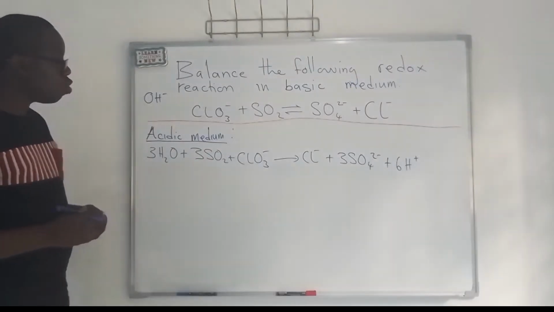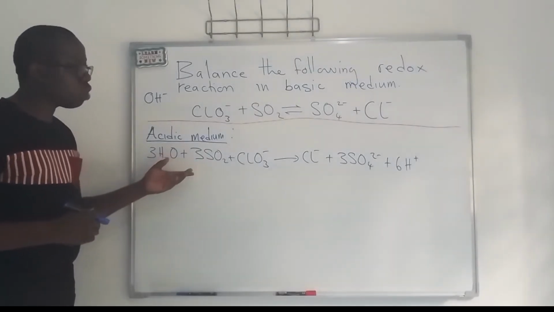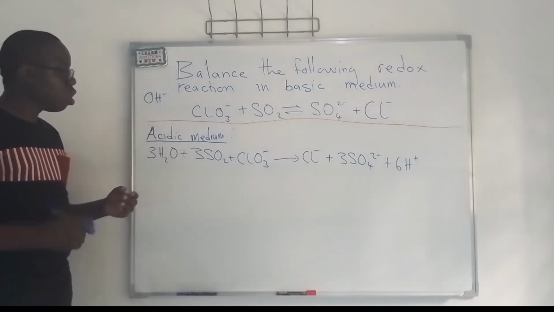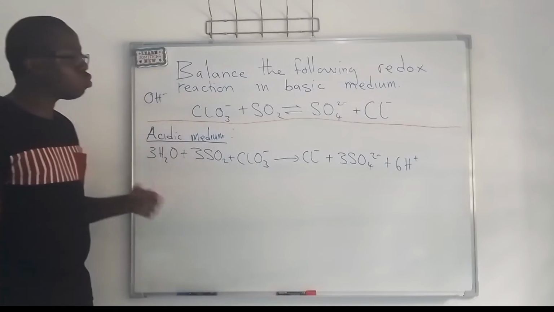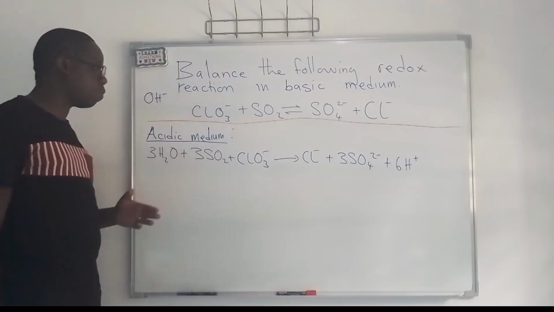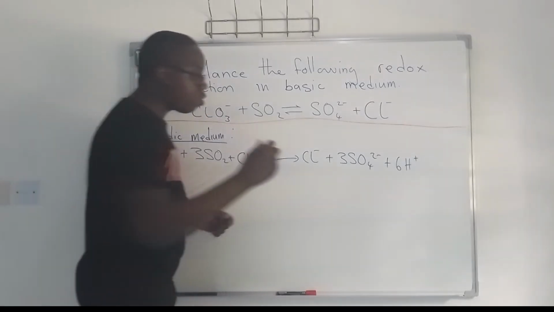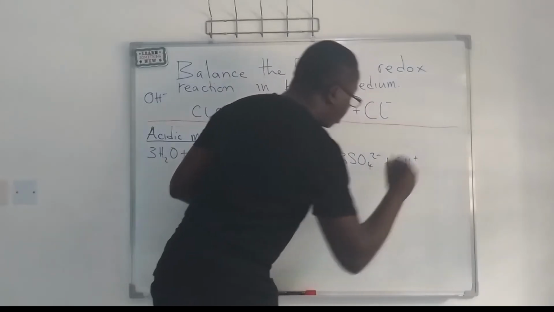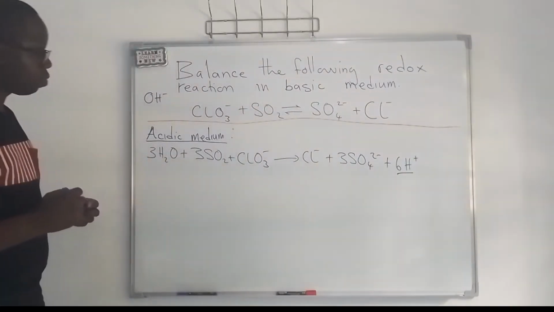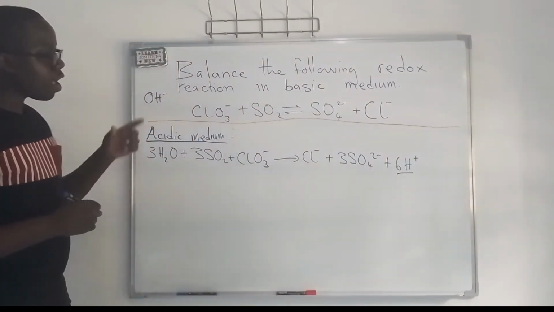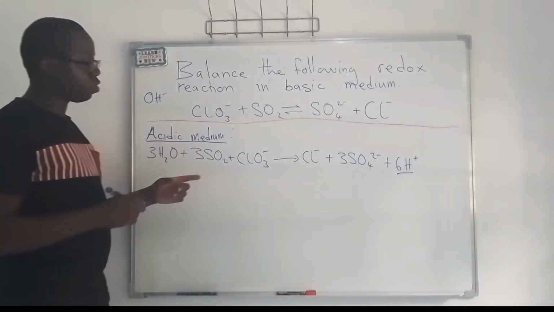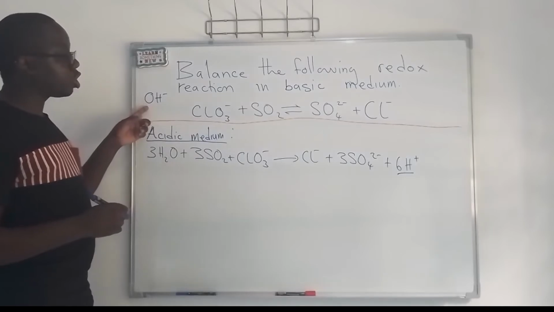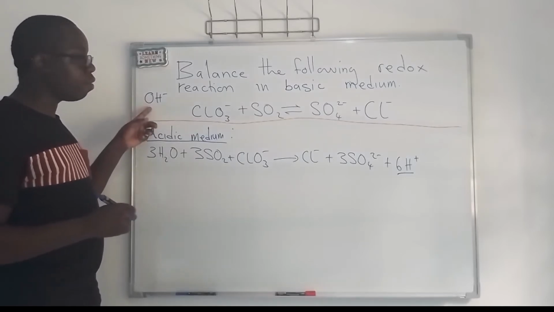Now, how do you change this very equation to a basic equation? Well, you look at the hydrogen ions that we have in this equation. For our equation here, we have 6 hydrogen ions. For each hydrogen ion, you introduce an OH negative ion.